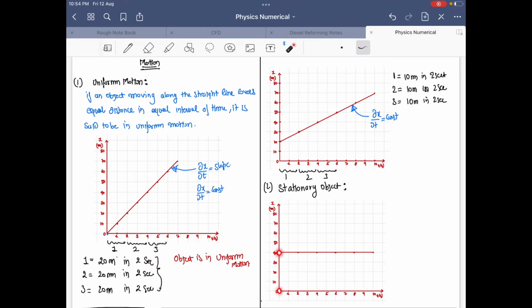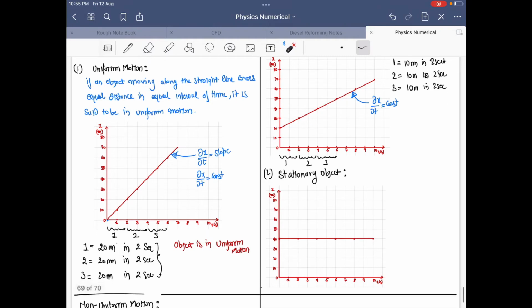So the object was at 40 meters from the reference, and with time it is not making any change in the distance. So the object is at rest or stationary. The graph for the stationary object will be just a straight line that is perpendicular to the x-axis. This represents that our object is not moving with respect to time.